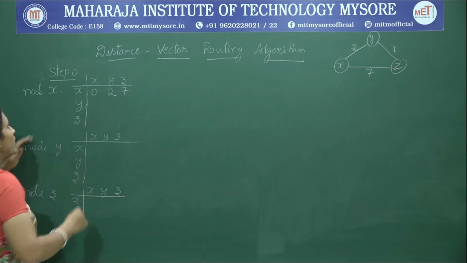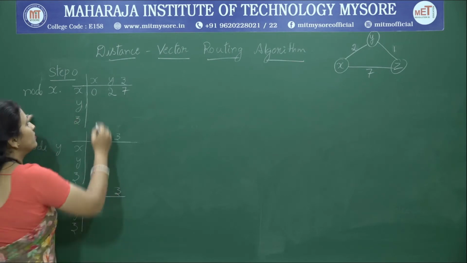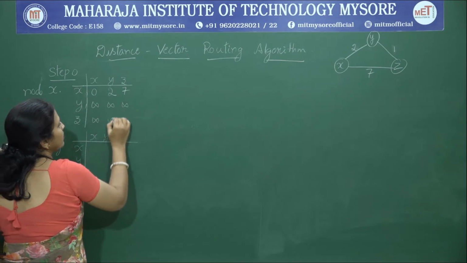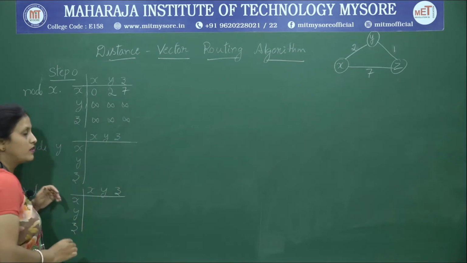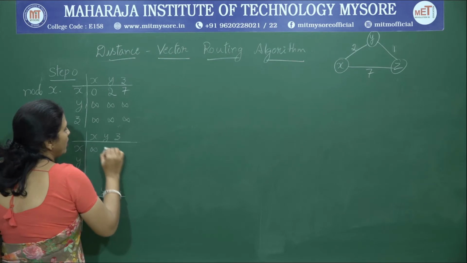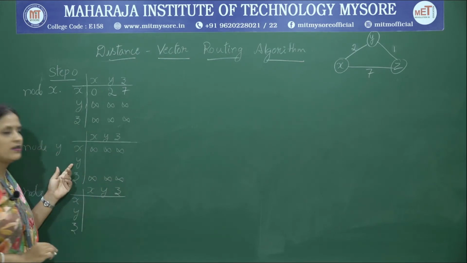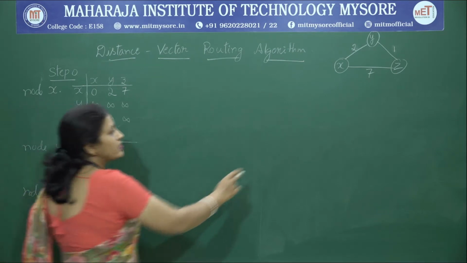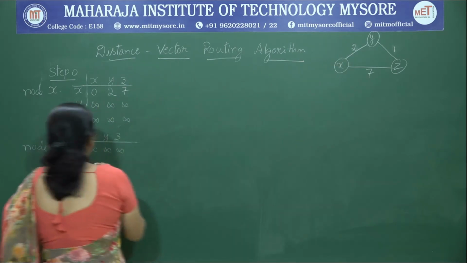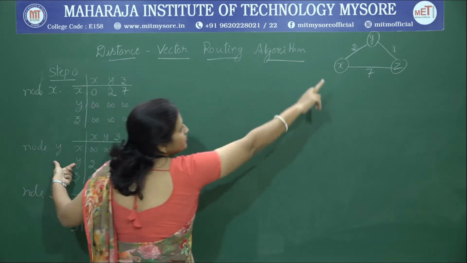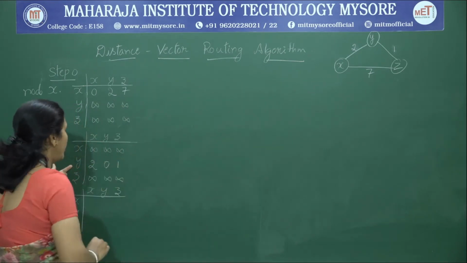Then, since we are considering node x, the distance vector for y and z will be infinity at present. Similarly, y will not know anything about x and z. We will calculate it for y. From y to x it is 2, from y to y it is 0, from y to z it is 1, right.